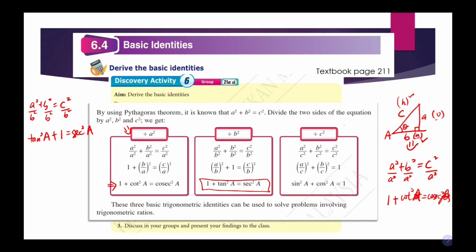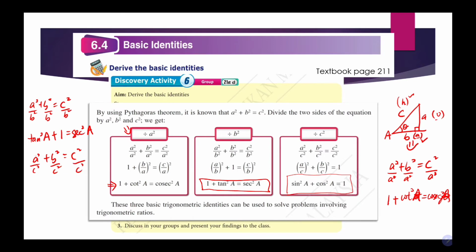So if we divide by c square, the hypotenuse side, we have a square plus b square equals c square, which is a over c square, and c square.